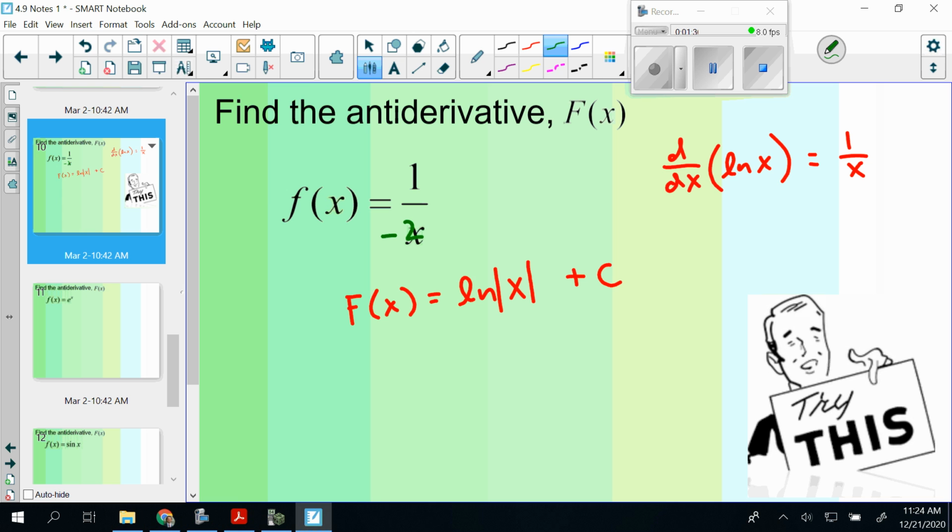But if we didn't have the absolute value sign here when we did the antiderivative, can you do natural log of negative 2? No, remember, you can't do natural logs of negatives. So we put the absolute value sign so you can still evaluate that at those values. So whenever you're doing the antiderivative of 1 over x, you just got to remember, oh yeah, that one's natural log of the absolute value of x.